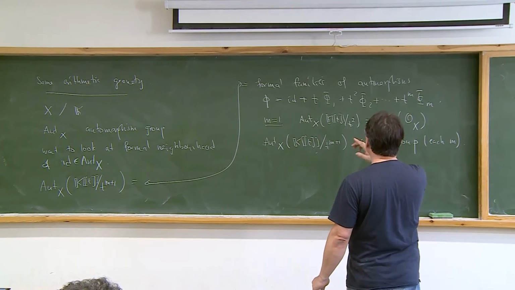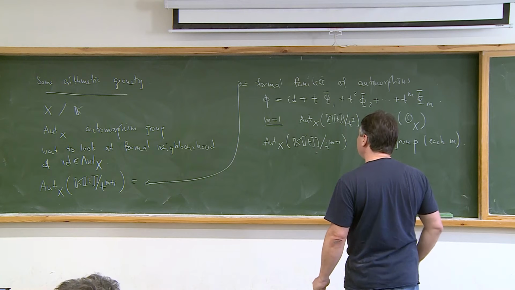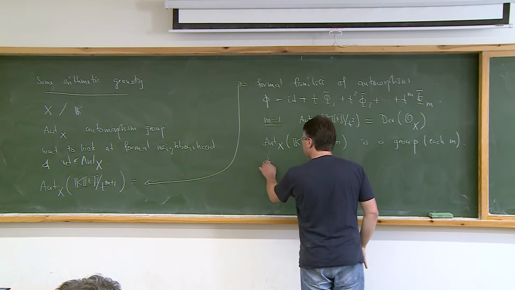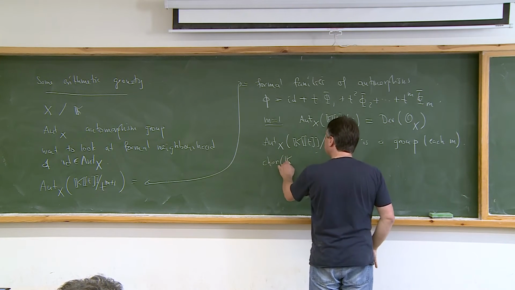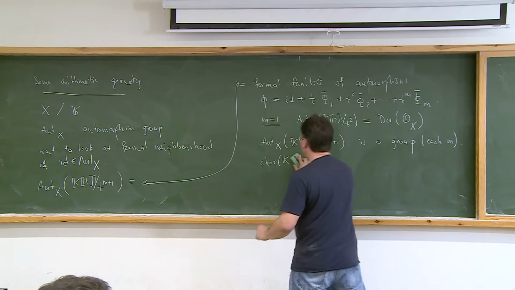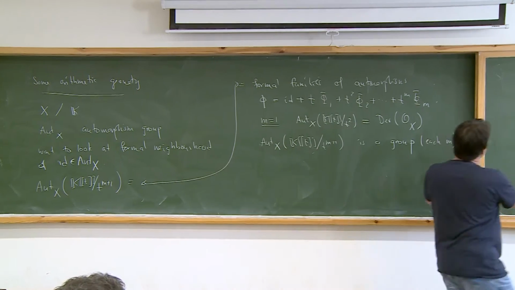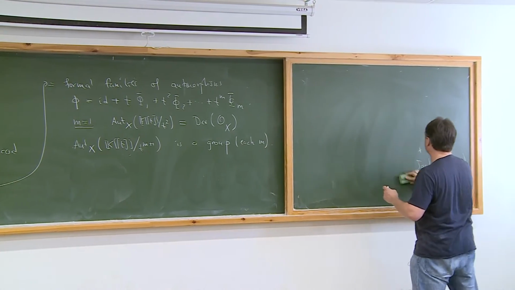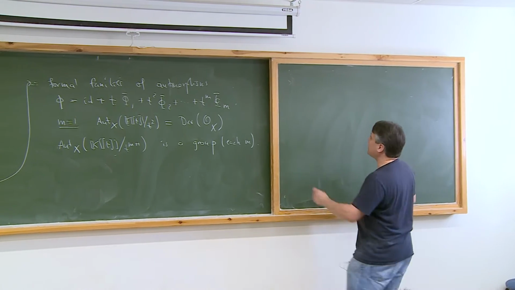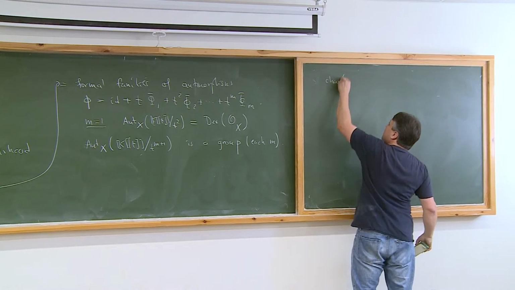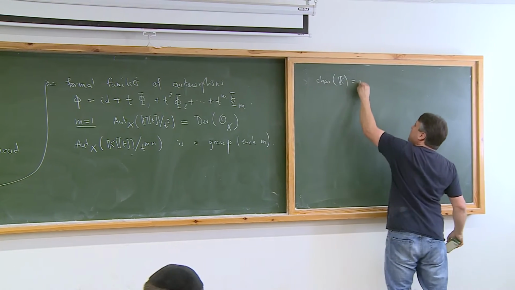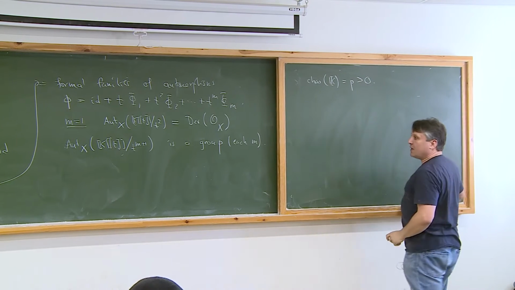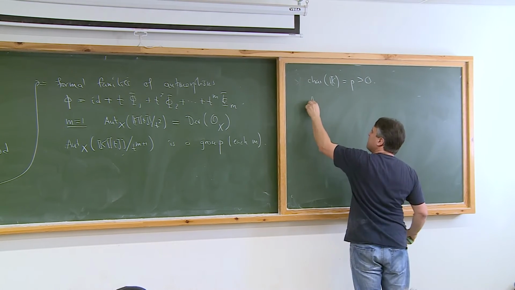So, okay, there's one thing about this, so this may be a little bit mysterious, but there is one part that I can explain to you. So say that the characteristic of k is p, okay? And I want to look at this one here.